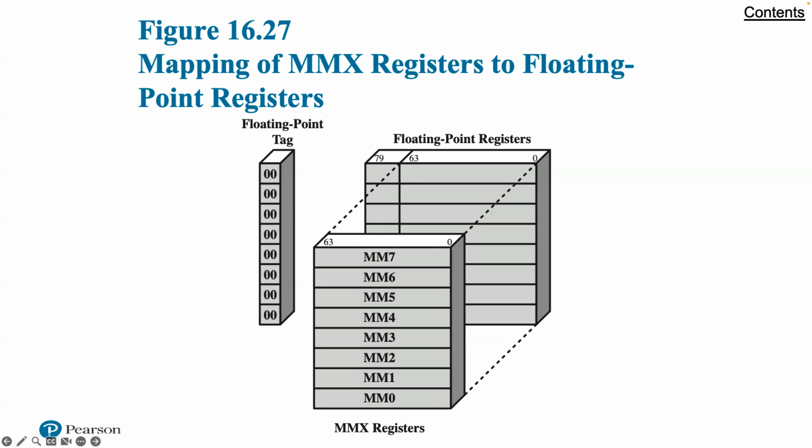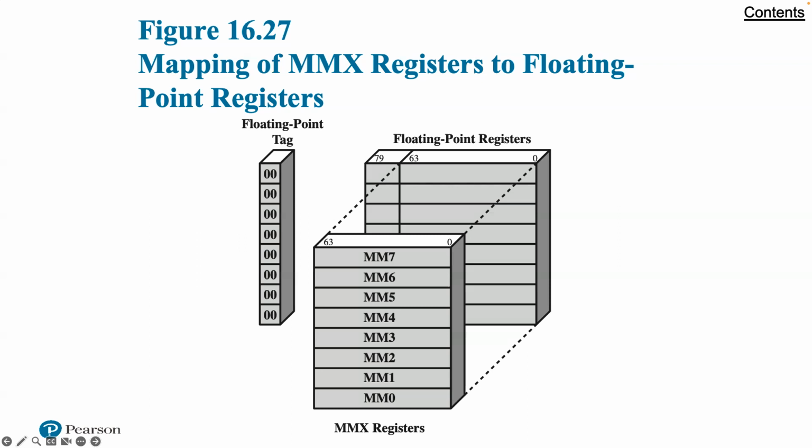This reflects the change from stack operations to direct register operations. The EMMS, empty MMX state instruction, sets bits of the FP tag word to indicate that all registers are empty. It's important that the programmer insert this instruction at the end of an MMX code block so that subsequent floating point operations function properly.